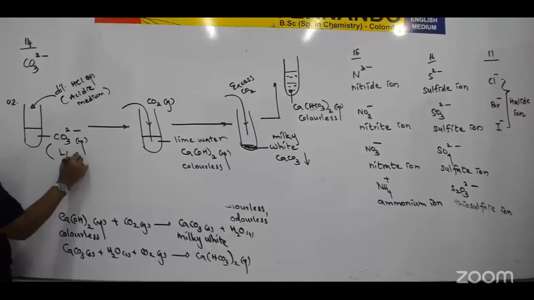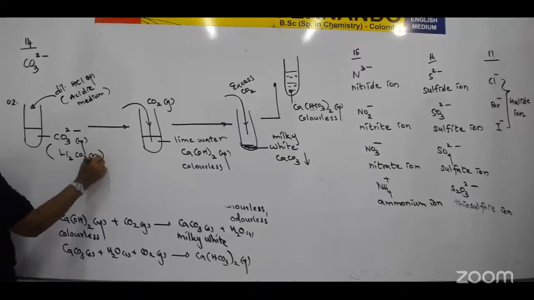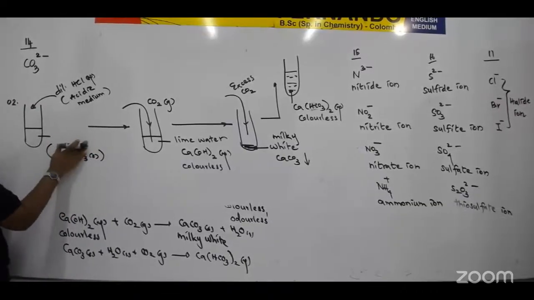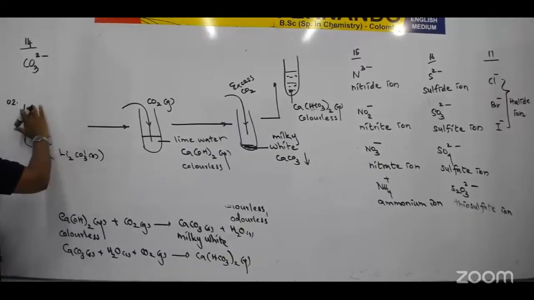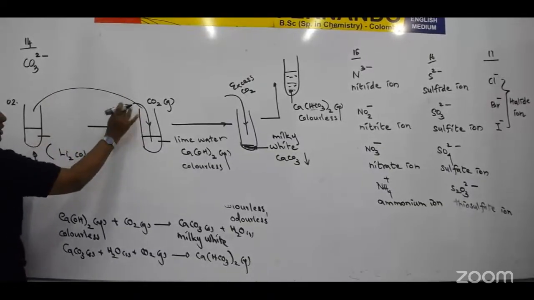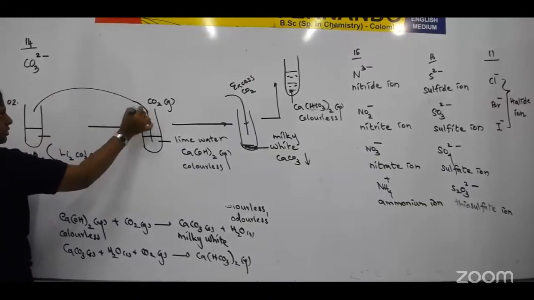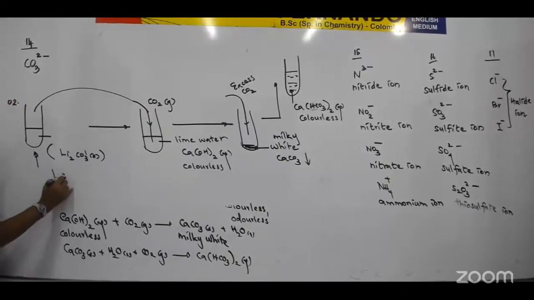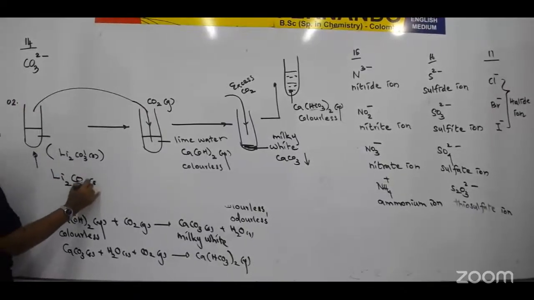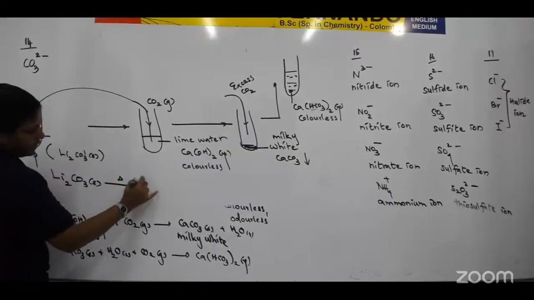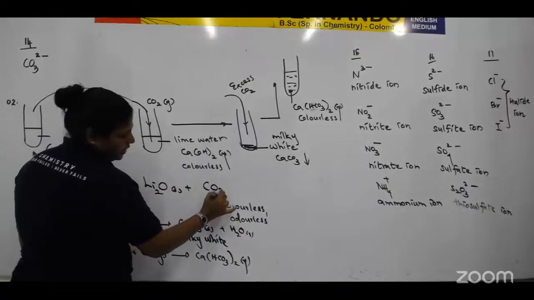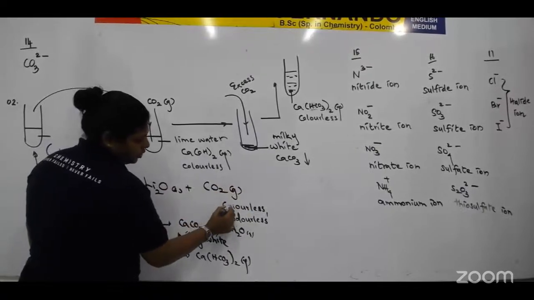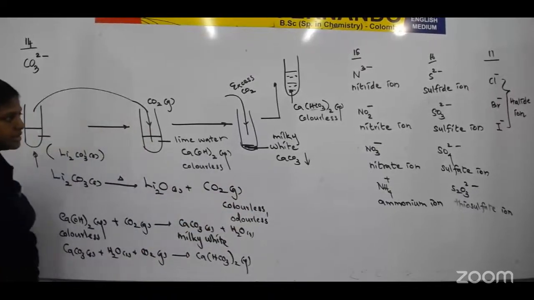So I'll take lithium carbonate, solid. Heating. Then the whole gas is passed to the lime water. Lithium carbonate solid, heat, gives lithium oxide plus again a colorless odorless gas called carbon dioxide.